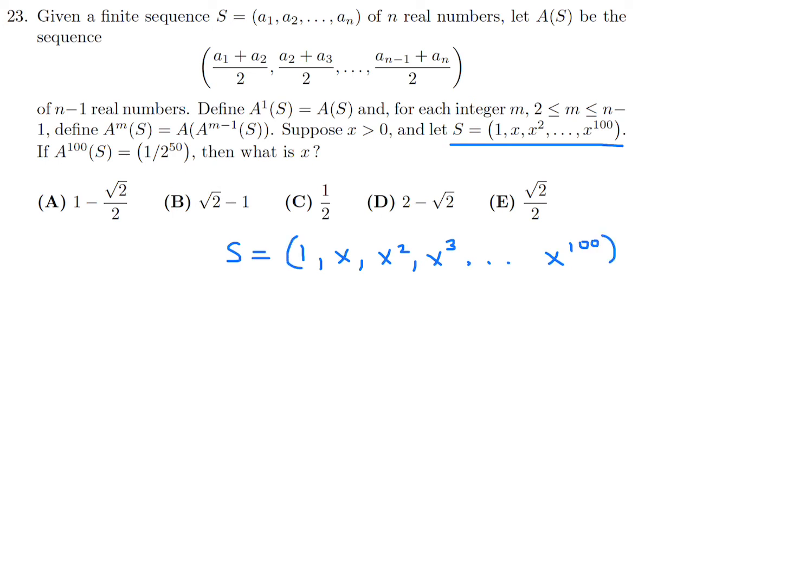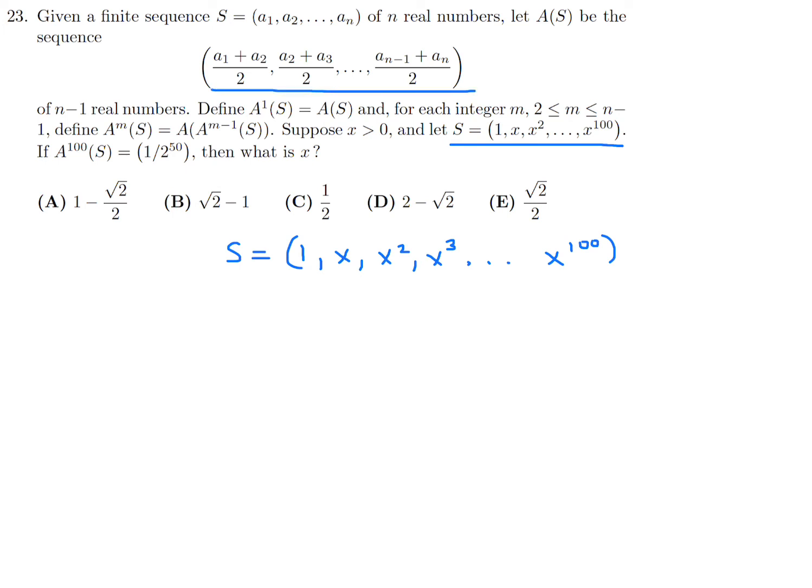And then they tell you that A100S is equal to 1 over 2 to the power of 50. Now that is meaningless to us at this point in the question, so we won't worry about that. But what we will concentrate on is this right here.